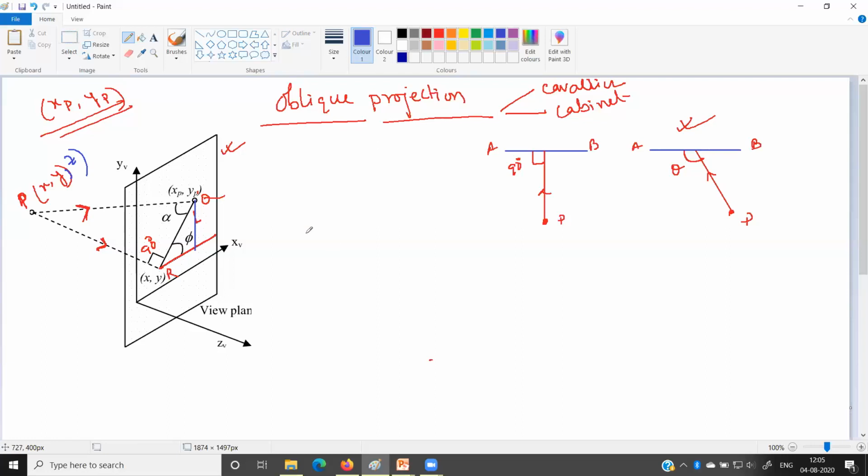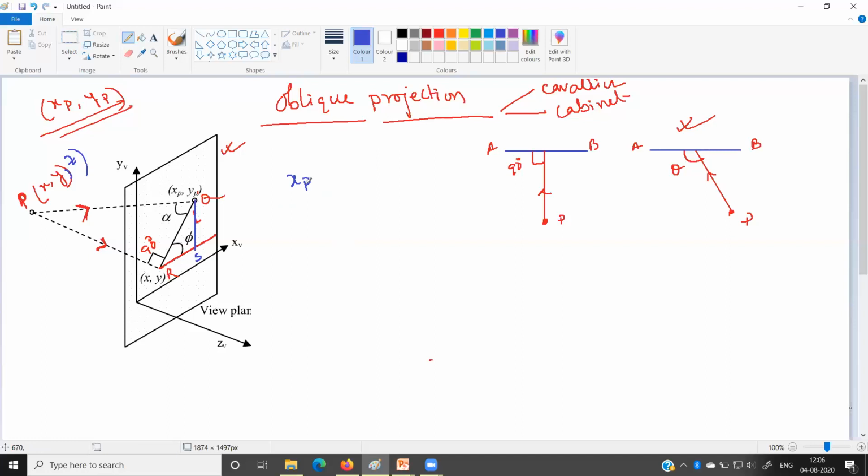Now, we have to compute this XP, YP, and to compute it, we have to consider this triangle QRS. If we can compute the distance RS, then by adding RS to X, we can compute XP. So let us write it down.